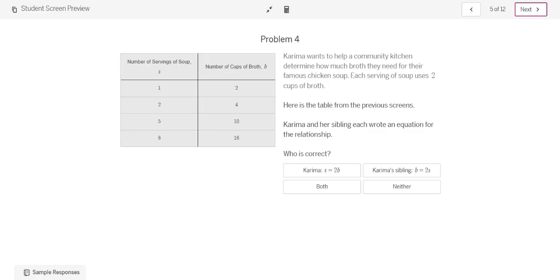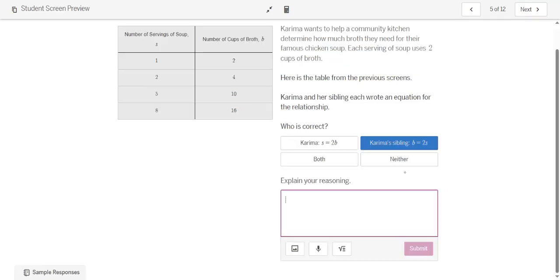And then if S equals 2B, I'm just going to look at this very first one, where S was 1 and there were 2 cups of broth. That would say S equals 2 times 2, or 1 equals 2 times 2, and 1 does not equal 4. So Karima's sibling is correct. 1 does not equal 2 times 2, but 2 does equal 2 times 1.